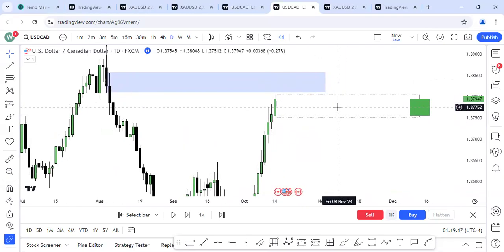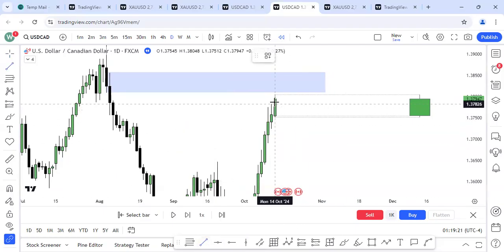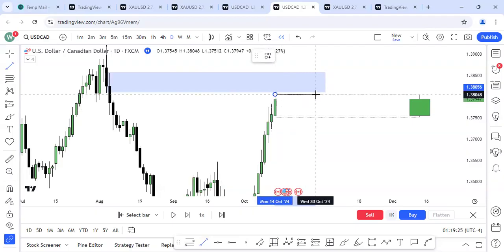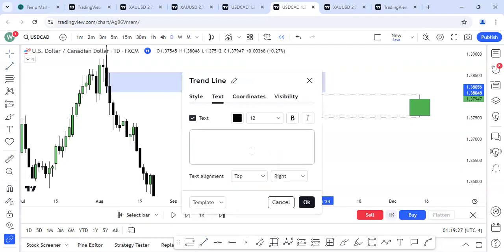So the first thing I did, after the closure of the Monday candle, was to mark the high.